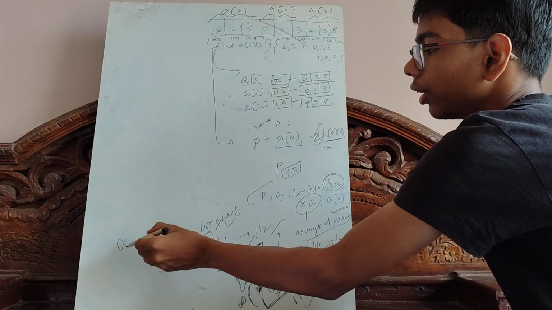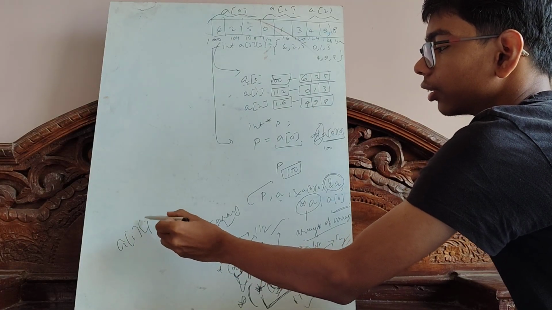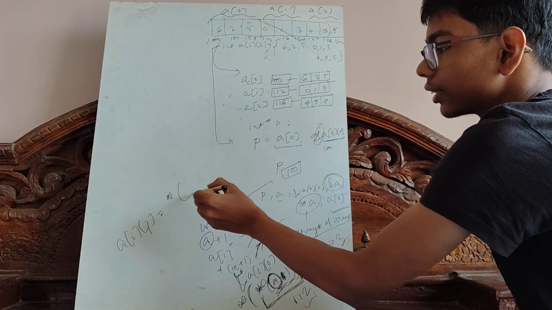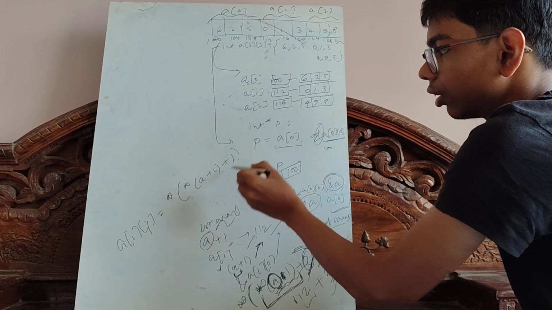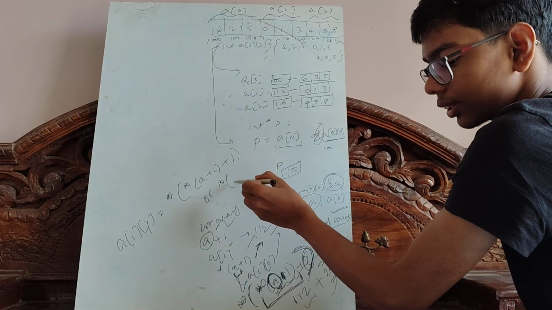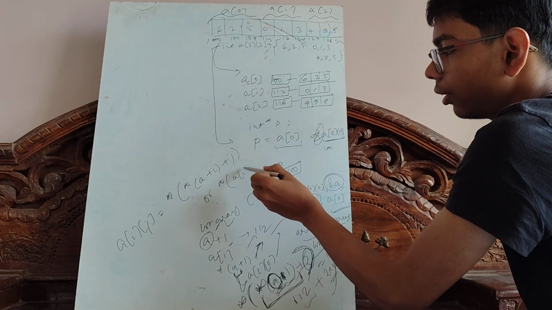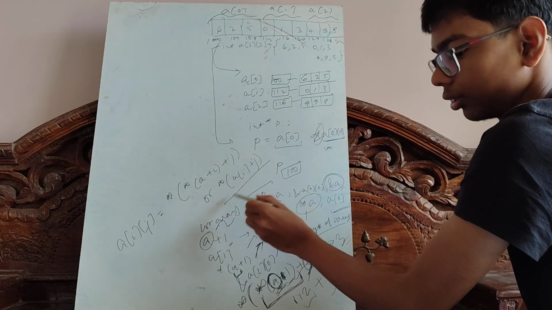So the value of a of i j can be written as asterisk of asterisk a plus i, plus j, right?